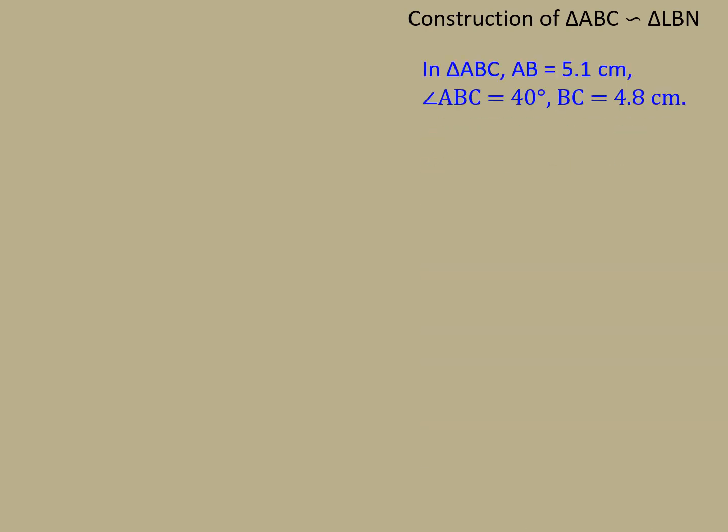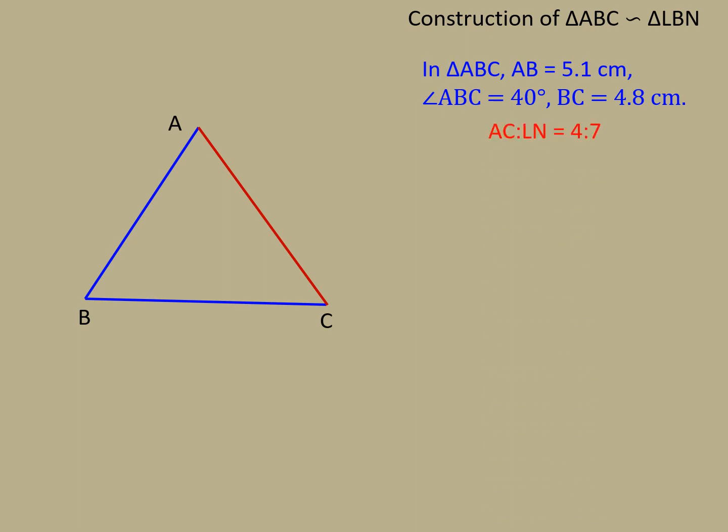So we are going to construct triangle ABC similar to triangle LBN, and the information that was given is written here. First we are going to construct triangle ABC with angle B as 40 degree, BC as 4.8 centimeter and AB as 5.1 centimeter. Okay, now AC is to LN is 4:7, but from the analysis we have also found that BC upon BN equals 4/7.